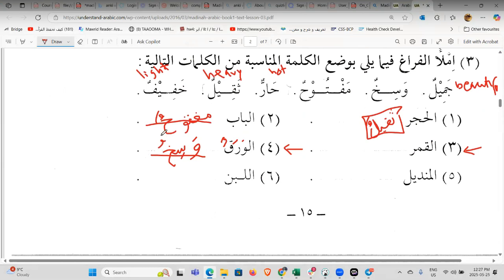Okay. Good stuff. We have al-mindilu. Anyone wants to volunteer for this one? The napkin. Yeah, that would be the wasikhun I said initially. Okay, so wasikhun. The napkin is dirty. Yeah, that works.